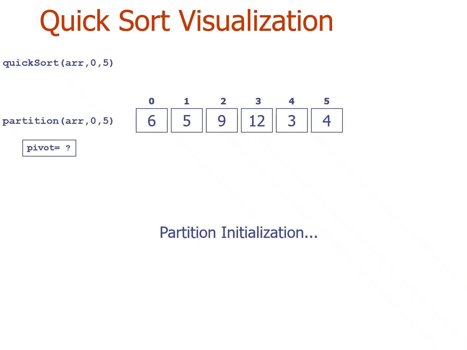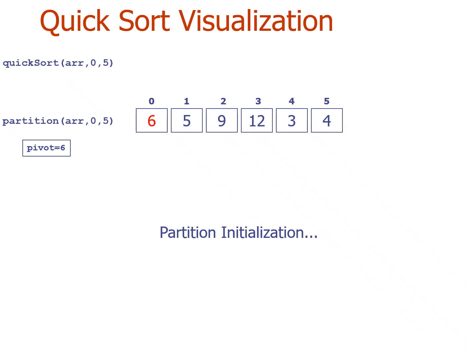But with rolling a dice, as we will see in randomized analysis later on, you are guaranteed that you're going to get n log n all the time, regardless of the input array. So the question is the pivot. Now, let's say that my pivot is cell 0.